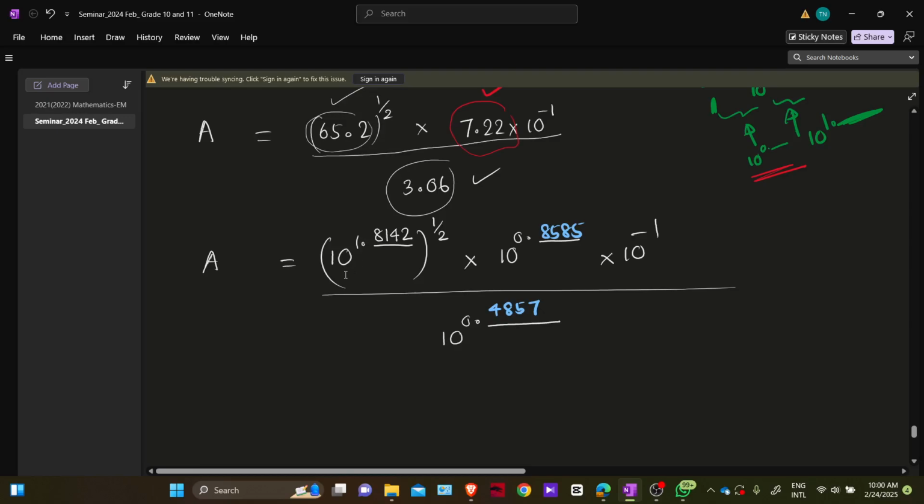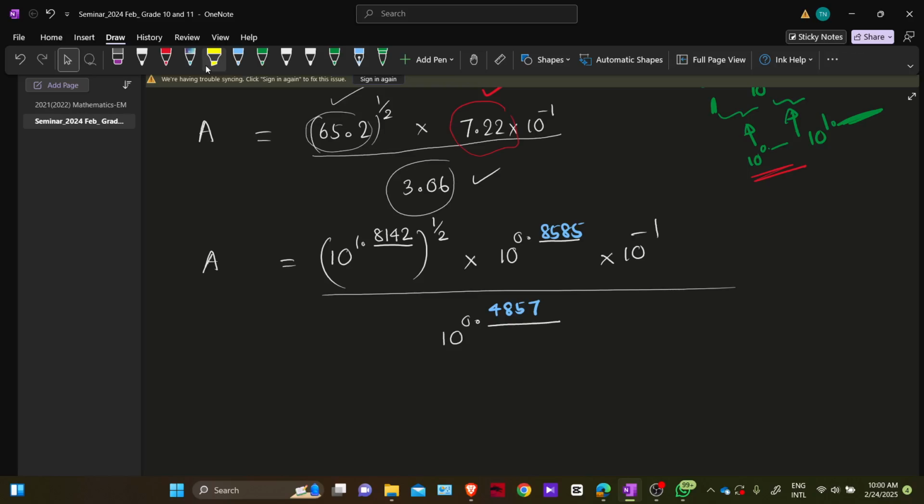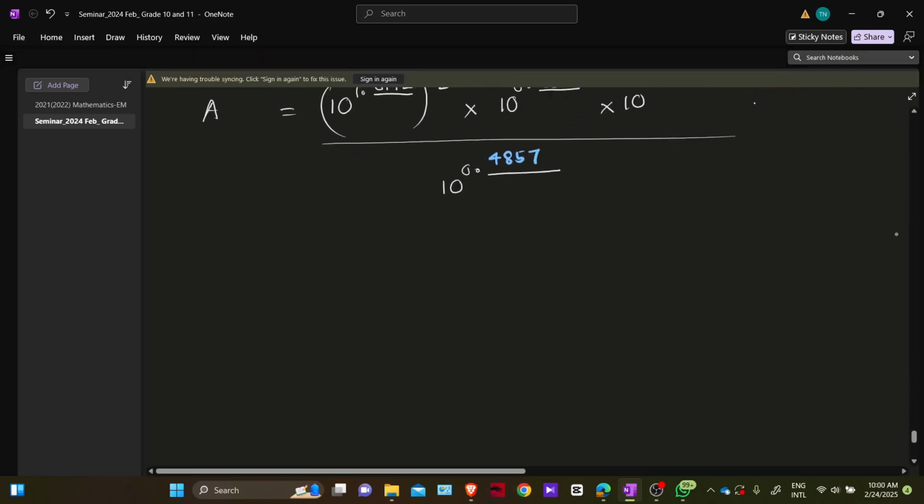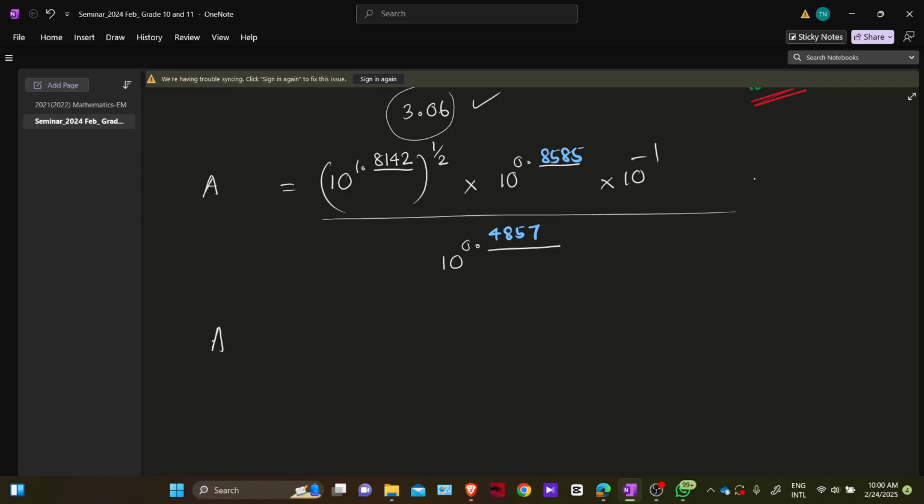Look at the bases. Base 10 is there, base 10 is there, base 10 is there, base 10 is there. Everywhere you will find base 10. Then you can use the laws of indices.